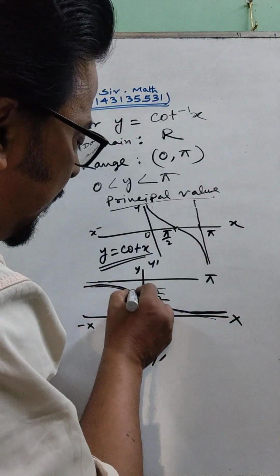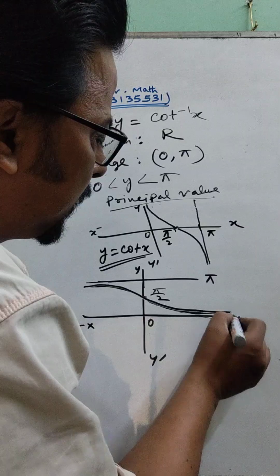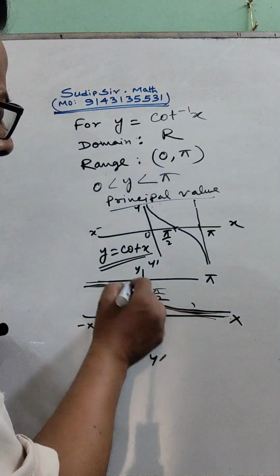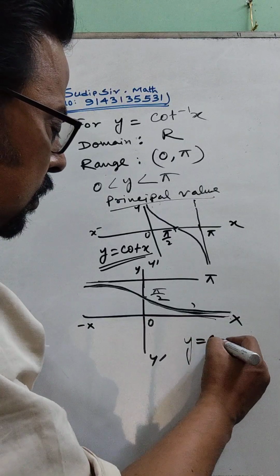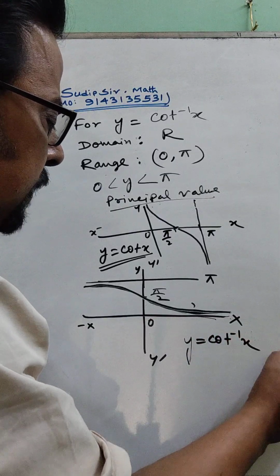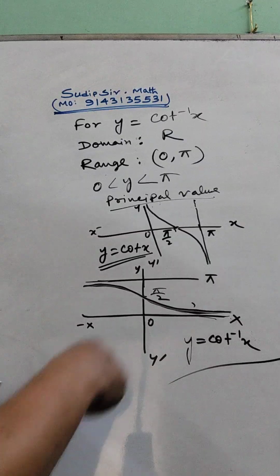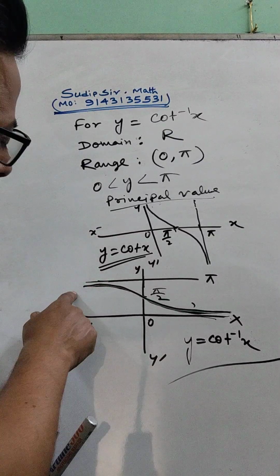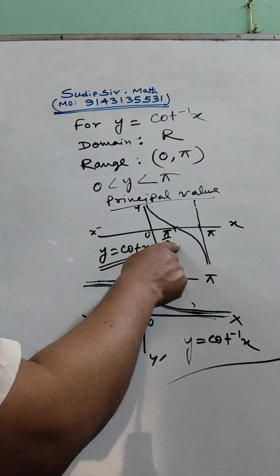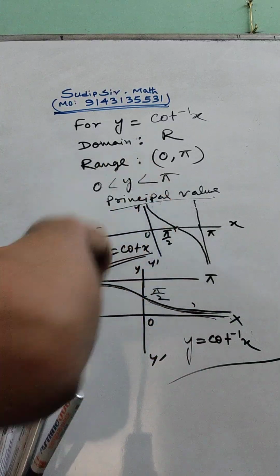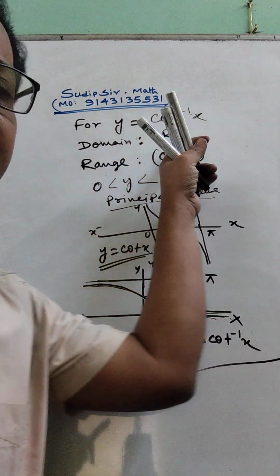So this curve will be like this. Okay. So this is for y equal to cot inverse x. For y equal to cot inverse x, the curve will be like this, and y equal to cot x will be this.